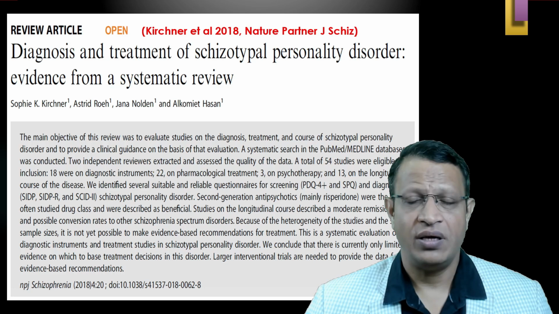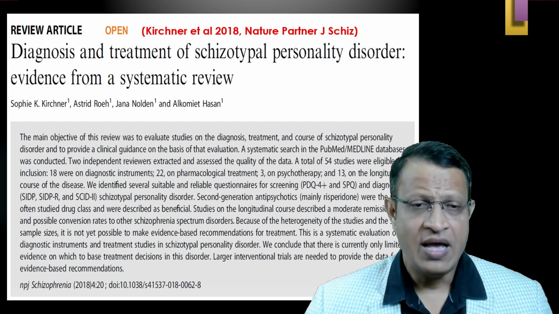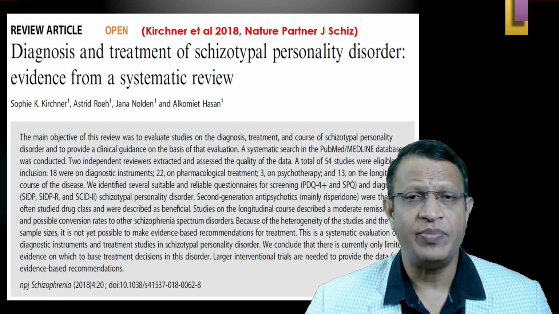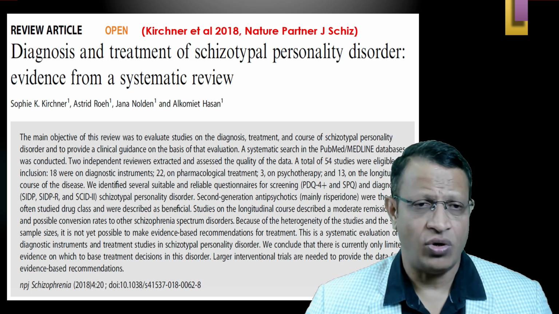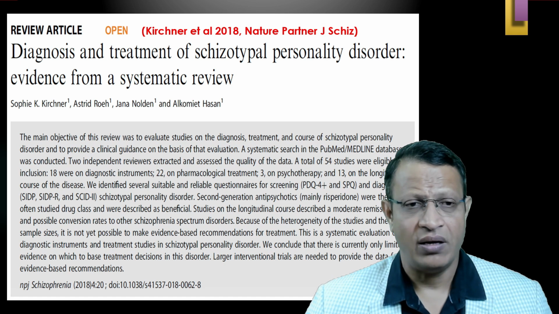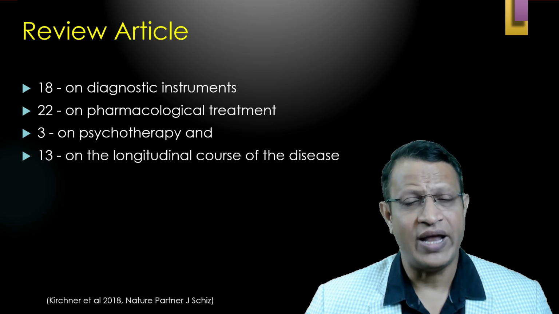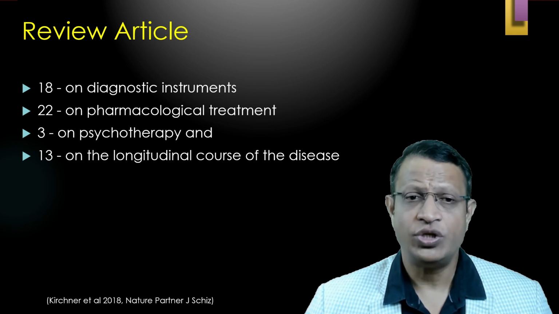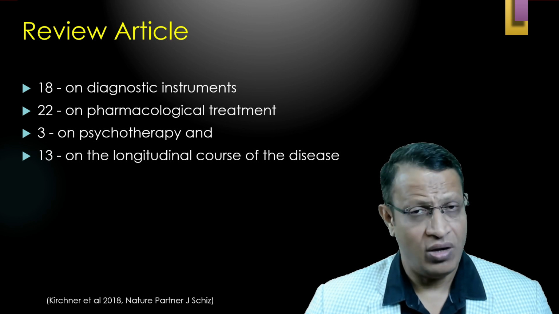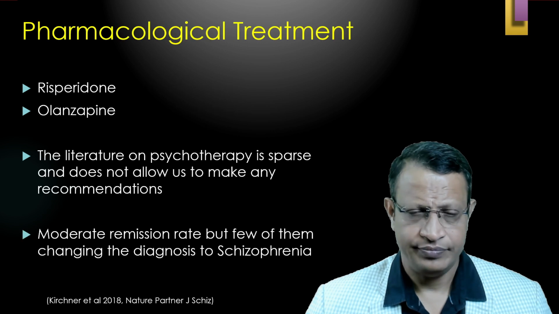Let's look into this important review article published in 2018 in npj Schizophrenia, a Nature Partner Journal. The title of the study was Diagnosis and Treatment of Schizotypal Personality Disorder: Evidence from a Systematic Review. This study was done by Kirchner and colleagues. In this review article, they reviewed 18 articles on diagnostic instruments, 22 on pharmacological treatment, 3 on psychotherapy, and 13 on the longitudinal course of the disease.